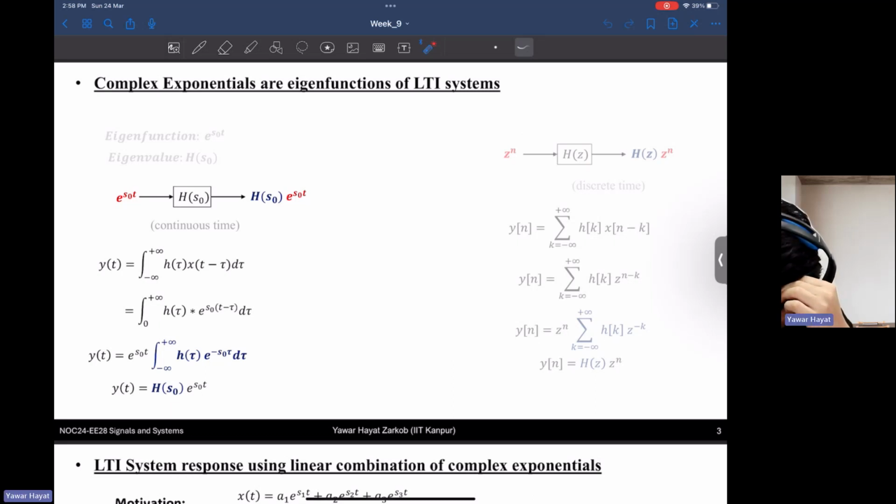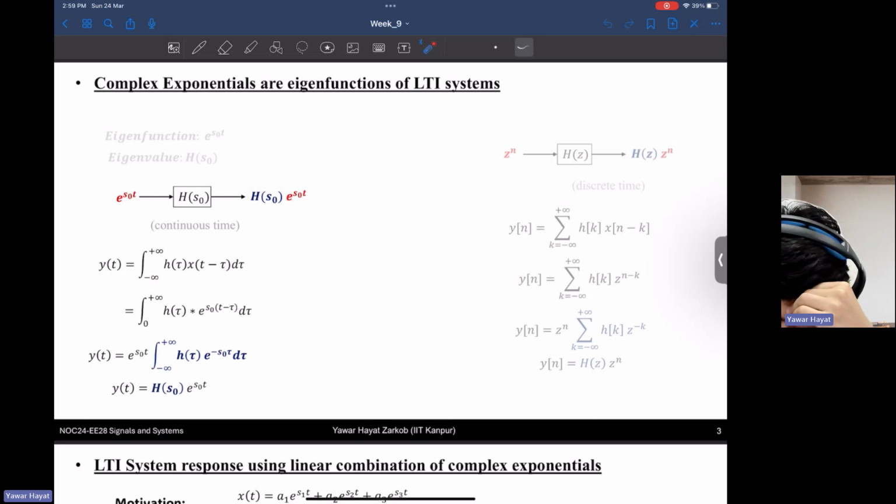In LTI systems, the complex exponentials are eigenfunctions, right? What I mean by that is, if I feed the input e to the power s naught t, where s naught is some complex number, this being a complex exponential, then the output of this LTI system would be h of s naught times e to the power s naught t.